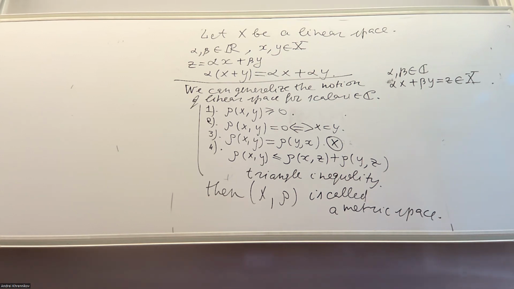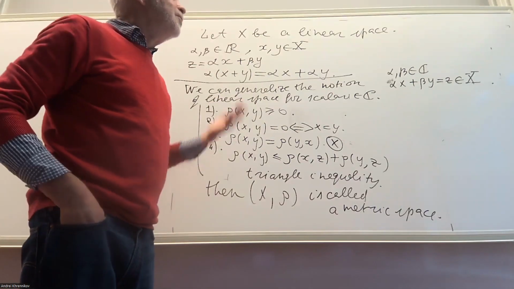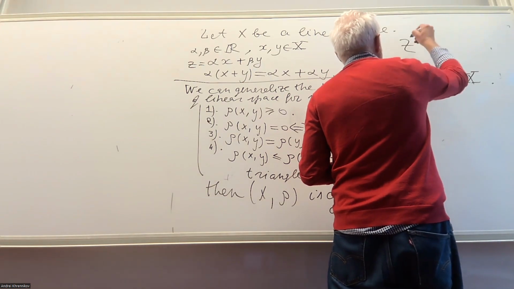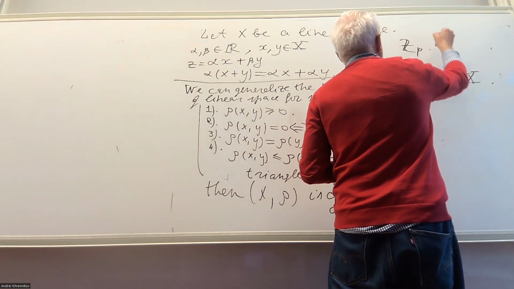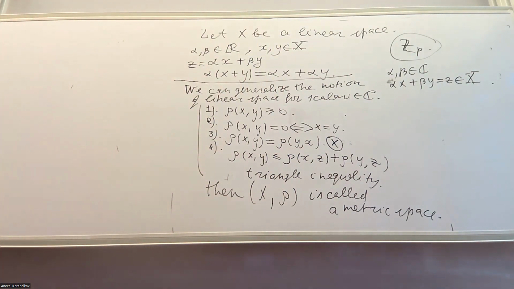But there exist other fields. For example, there exists the so-called residue class field, modulo p. And this you will study, for example, in cryptography or in my course elementary number theory. So in any event, now we have real linear spaces and complex linear spaces.